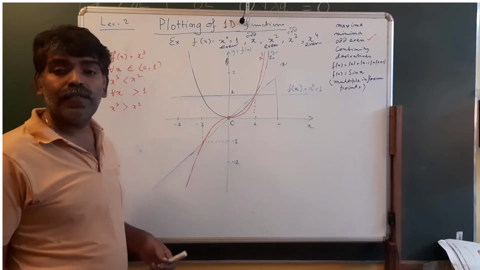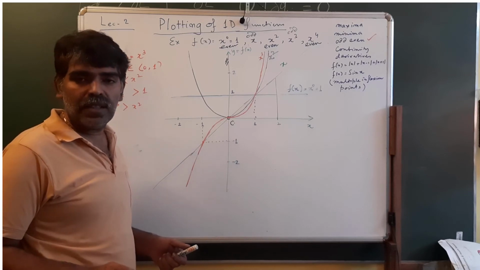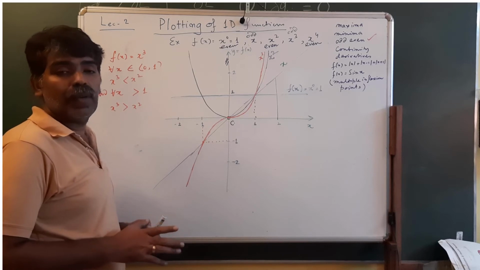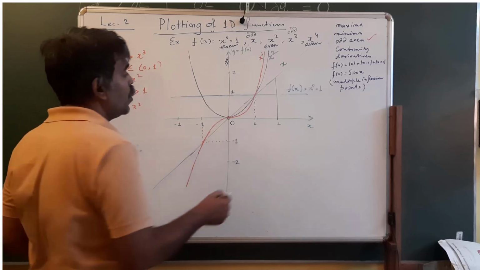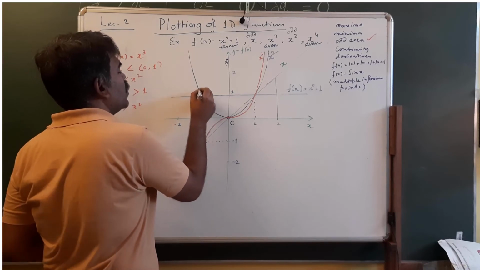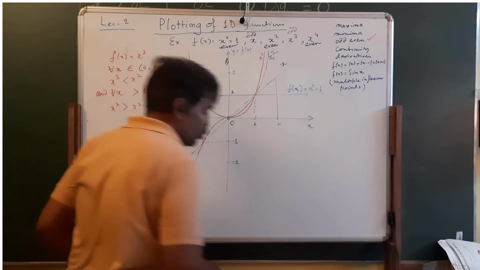So if you say slope of a curve, it means nothing unless you define the point. Slope of a curve at a point. For example, suppose it's here. This is the point. You need the slope of this curve at this point. What shall you do?